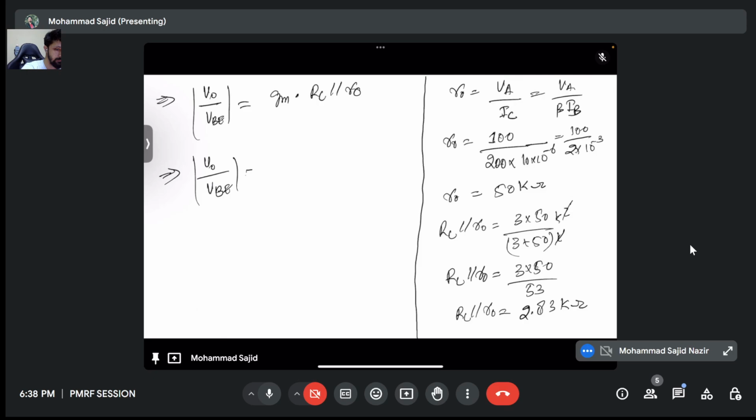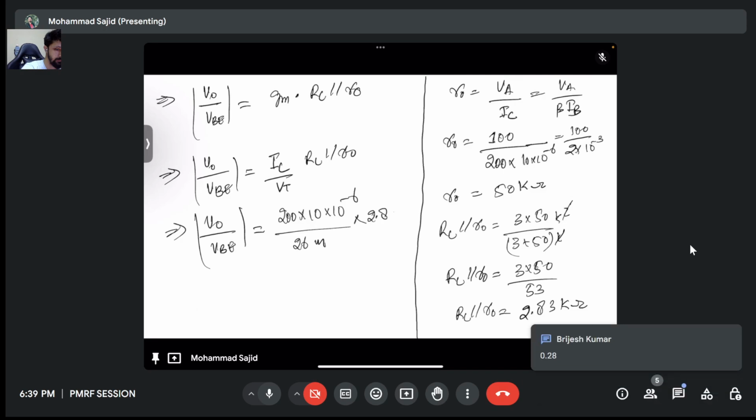So now you can calculate V naught by VBE as GM. So again you need to calculate GM. I can use the formula IC by VT times RC parallel R naught. So my V naught by VBE will be equal to IC, that is again 200 beta times IB into 10 to the power minus 6, divided by VT, that is 26 milli, into 2.83 kilo ohm.